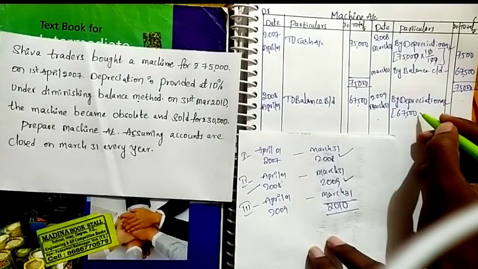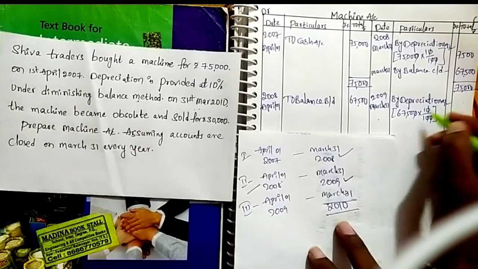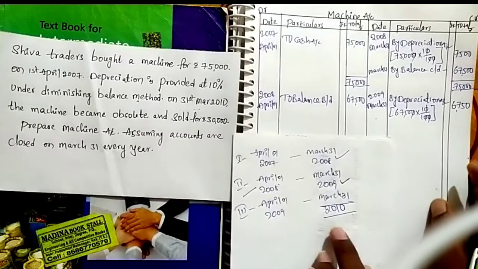The depreciation is calculated on this reduced value. 67,500 into 10 by 100. Zeros cancel, next zeros cancel. How much? 6,750.